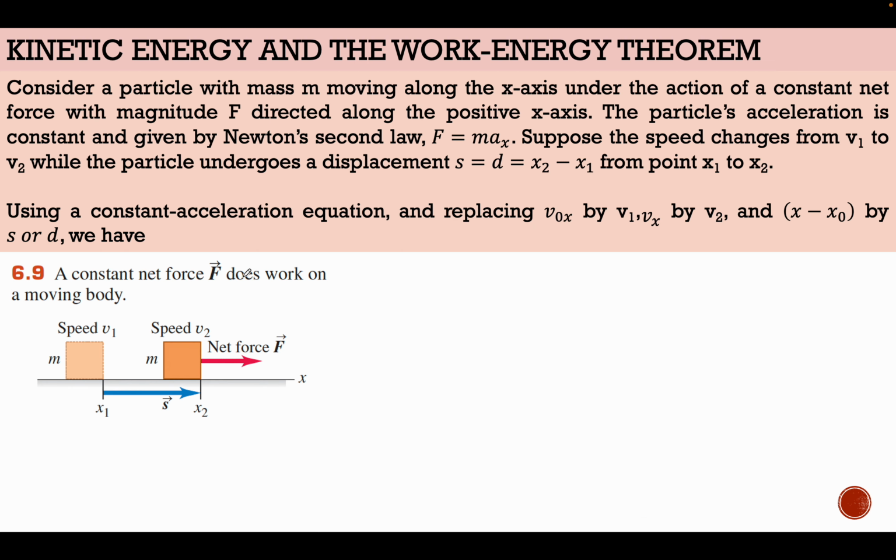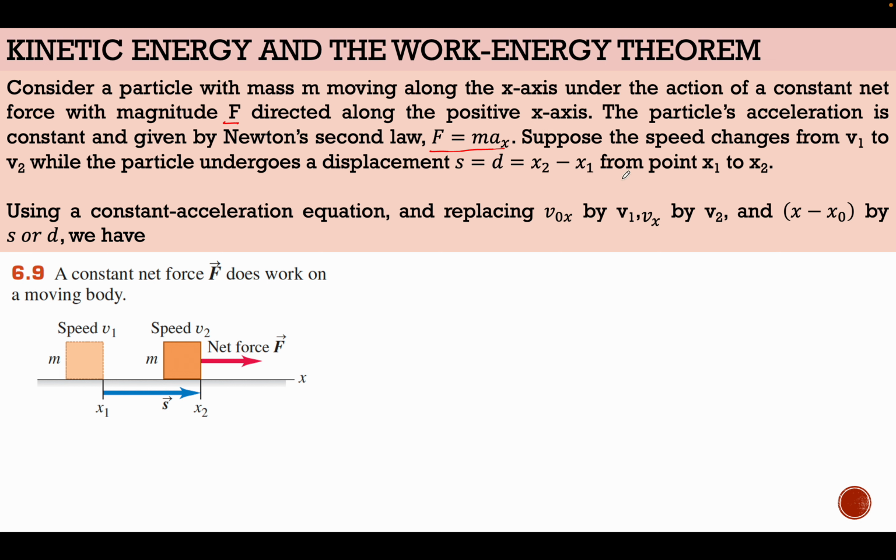Okay, so let us consider a particle with mass m moving along the x-axis under the action of a constant net force with magnitude F directed along the positive x-axis. The particle's acceleration is constant and given by Newton's second law, F is equal to the mass times the acceleration along the x-axis.